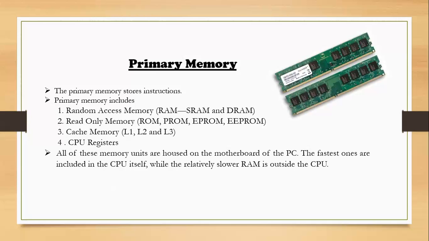At the same time, the same instruction or data is also loaded into cache memory, because the next time the processor searches for the same instruction or data, it expects it to be available very quickly. The closest memory is cache memory, because the processor cannot depend on the registers, as the number of registers is very few, and each register can hold only one word.